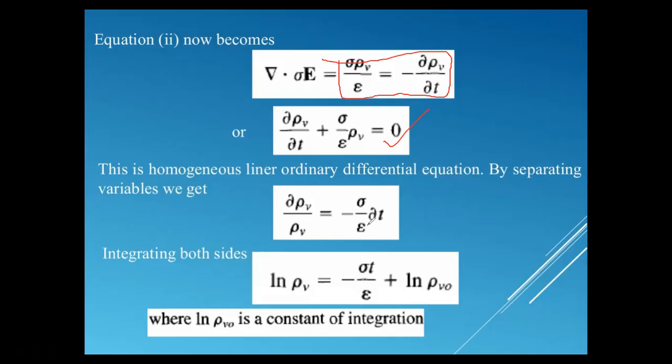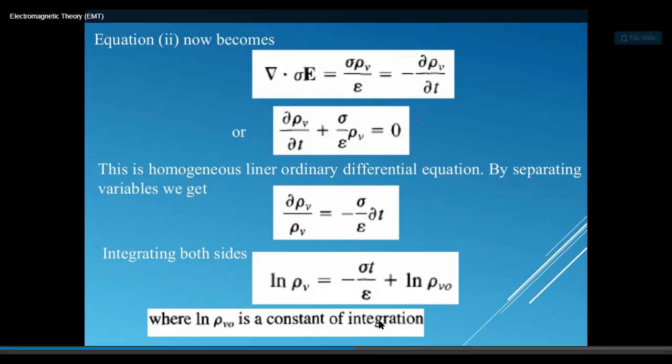If you integrate both sides, what will be the integration of del rho v upon rho v? Natural logarithm of rho v, and one constant here. So natural log rho v is equal to minus sigma by epsilon, which is constant, times the integration of del t, which is t, plus log of rho v naught.